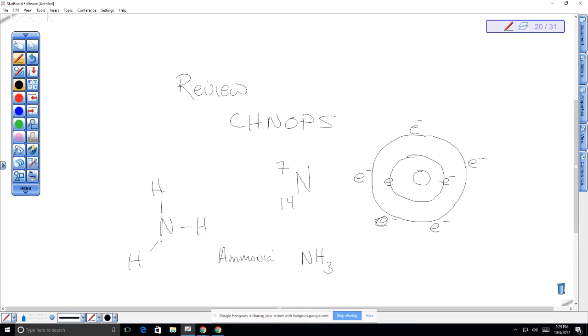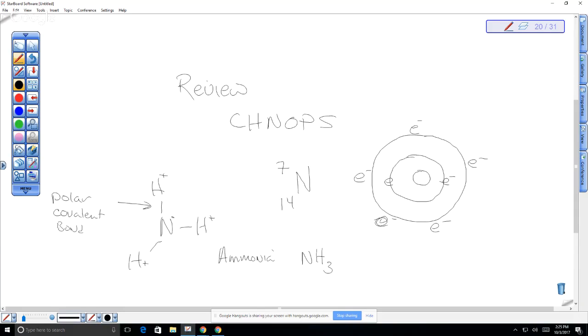And so that would be an example of a polar covalent bond. Because it's going to be slightly negative and the hydrogen is going to be slightly positive. And so there's polarity to that. So that's kind of a review of the information that was in that lecture that was reported online.